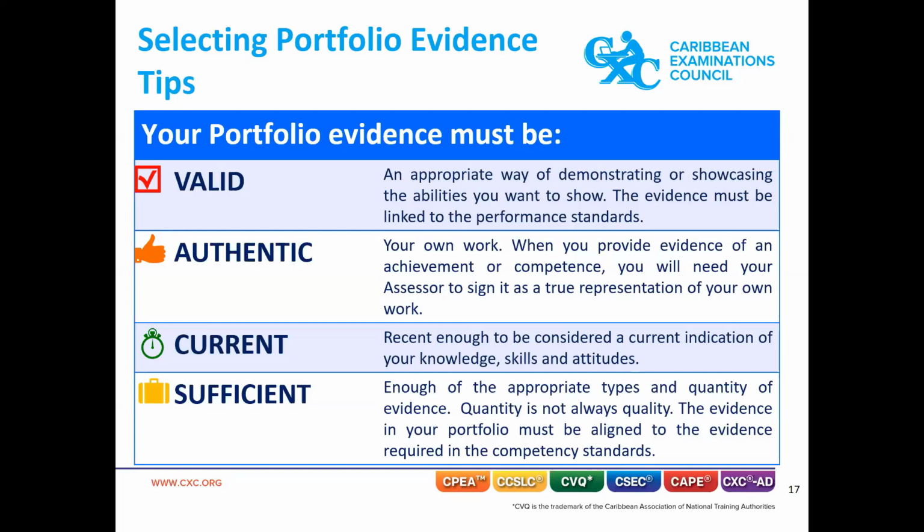Where's the practical to determine your skills, your demo, the observation of practice? It is missing. Or you may have all of that, but it's only testing one performance outcome. When that happens, it is not quality, it is only quantity. And so we want the evidence in your portfolio to be aligned to the evidence required in the competency standards. Very important.